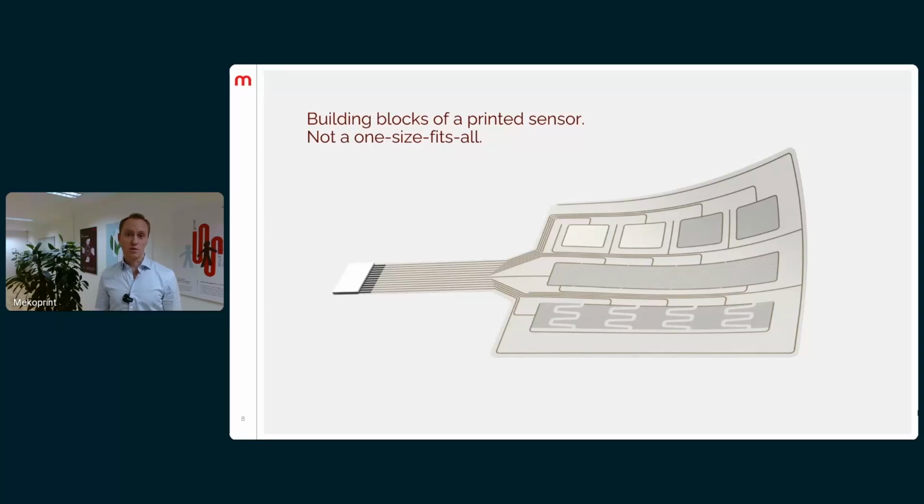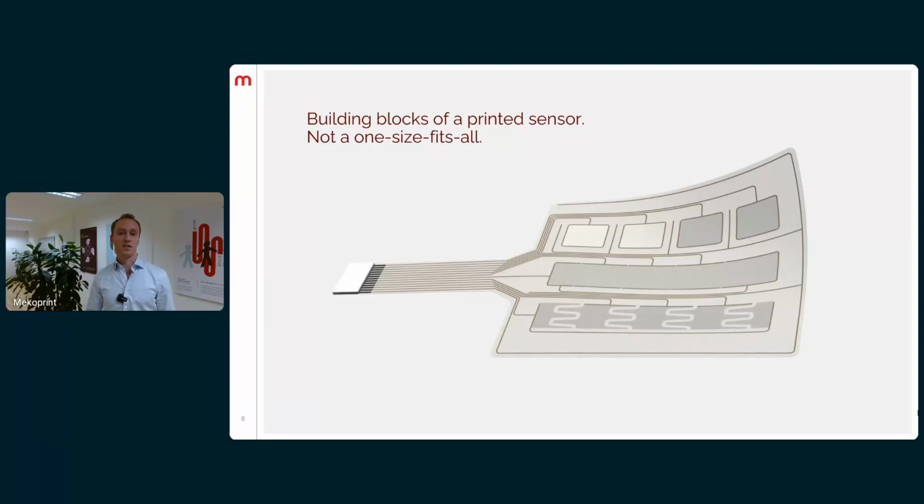Other points of consideration could be optical properties like transparency or light blocking. How about a graphical design? Are there any specific requirements for conductivity, sensitivity, as this will influence how thick the printed layers need to be? A very important consideration is how you're going to connect it into your system.